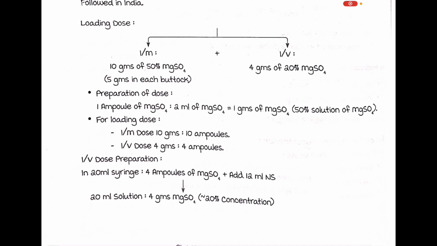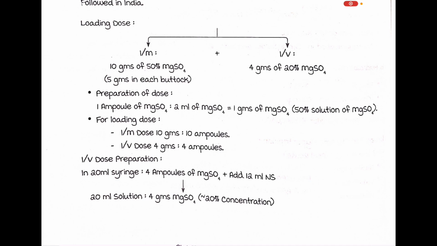Preparation of dose. 1 ampule of magnesium sulfate is 2 ml of 50% solution, equal to 1 gram. So 1 ampule is equal to 1 gram. For the loading dose, IM 10 grams is 10 ampules.